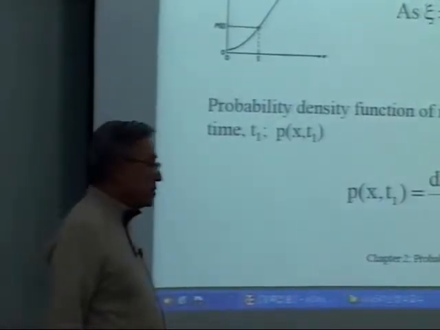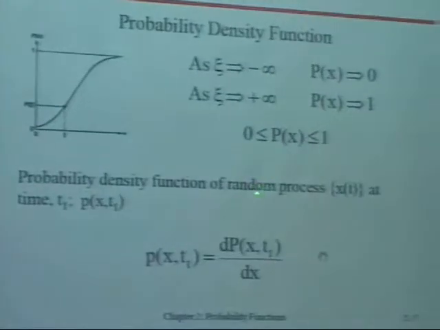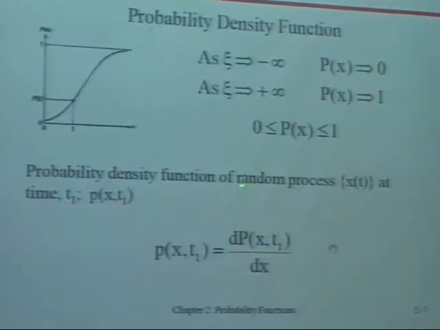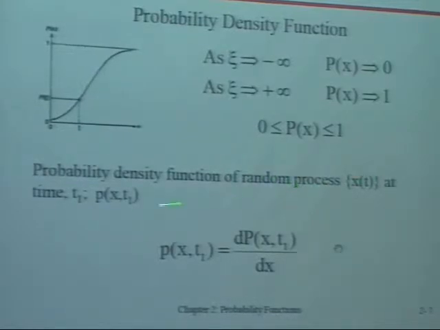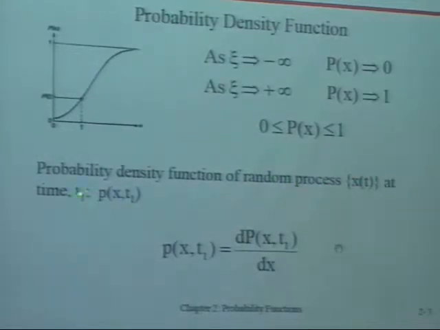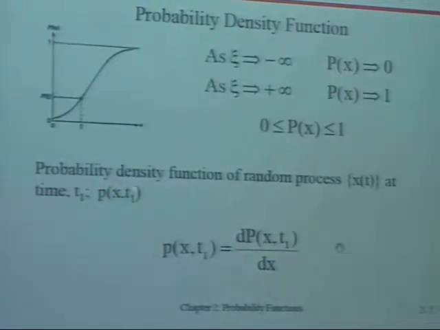That's the maximum range. And now the probability density function of a random process, stochastic process, ensemble at time t1: the probability density of random variable x at time t1.